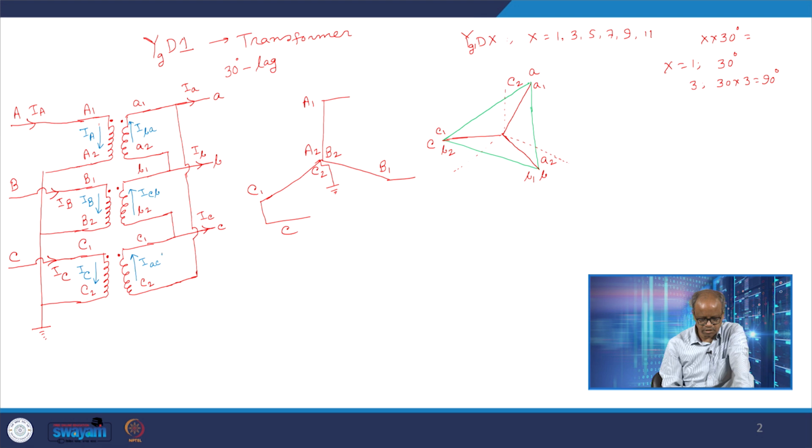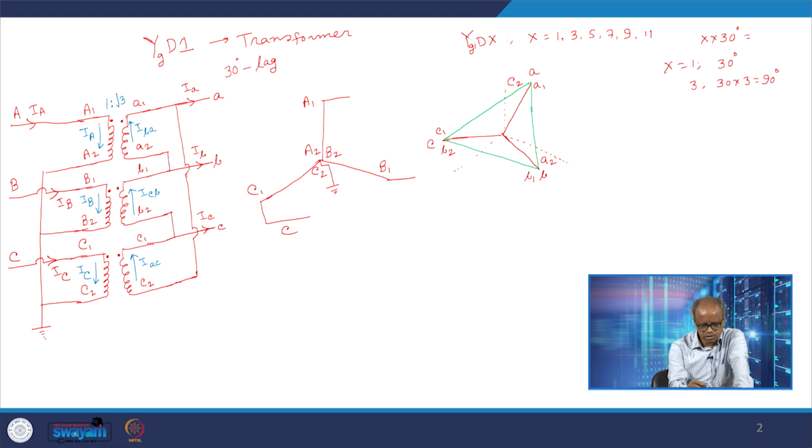So this point is A, this point is C, IAC, this point is B, IBA, ICB, IAC. The ratio is important. Let's assume this ratio is 1 is to root 3. So this completes our connection, and this also shows our vector diagram.